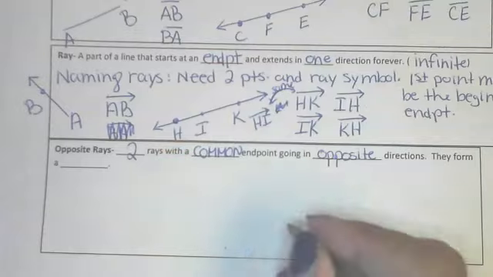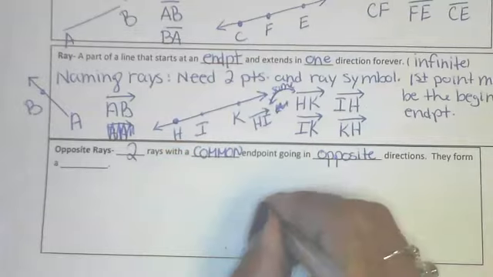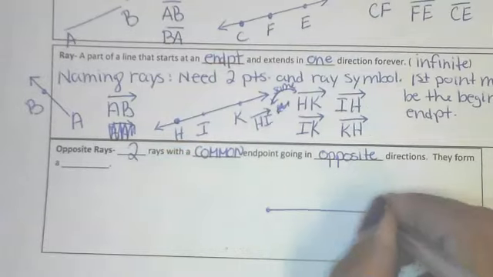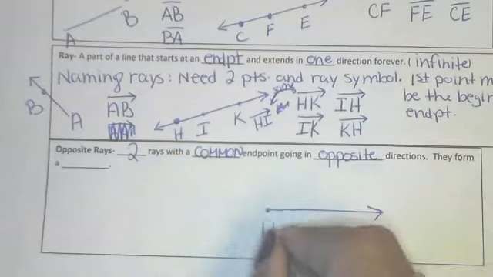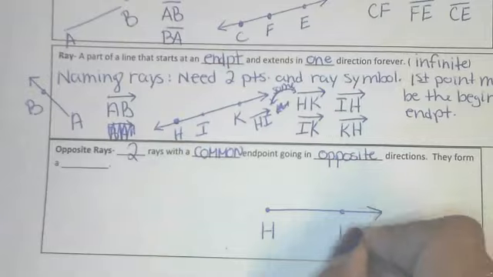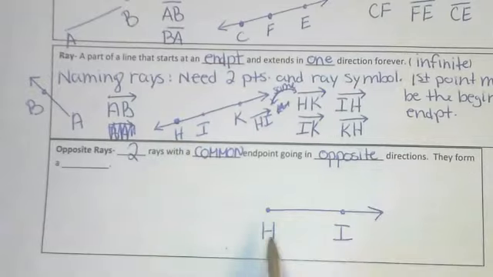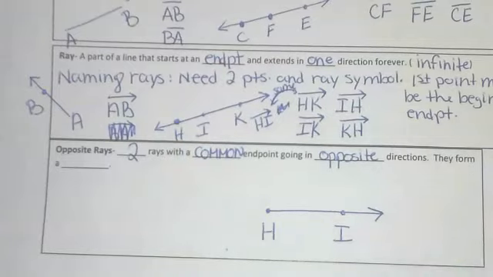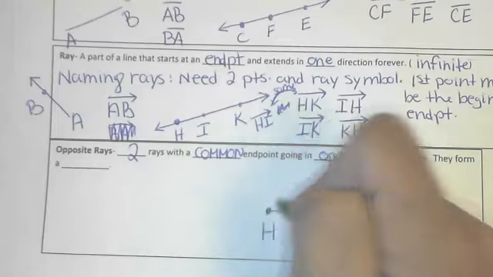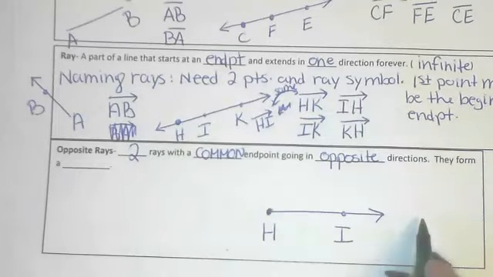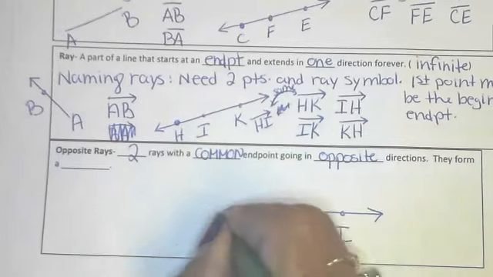So if I was to make ray HI, HI starts at H, goes through I to the right. My opposite ray has to start at H. What's opposite of going right? Left.